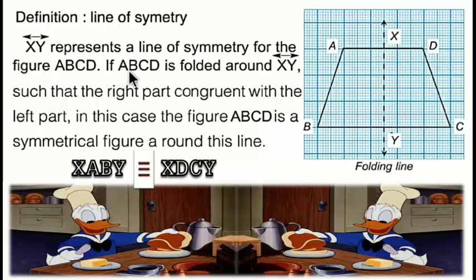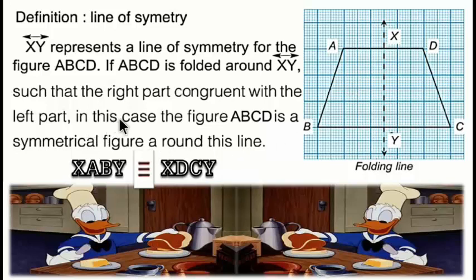If A, B, C, D is folded around X, Y, fold this part on this part, okay? Such that the right part is congruent with the left part.